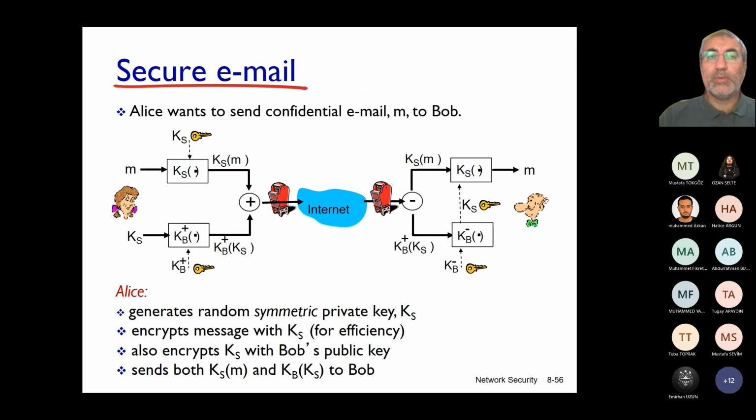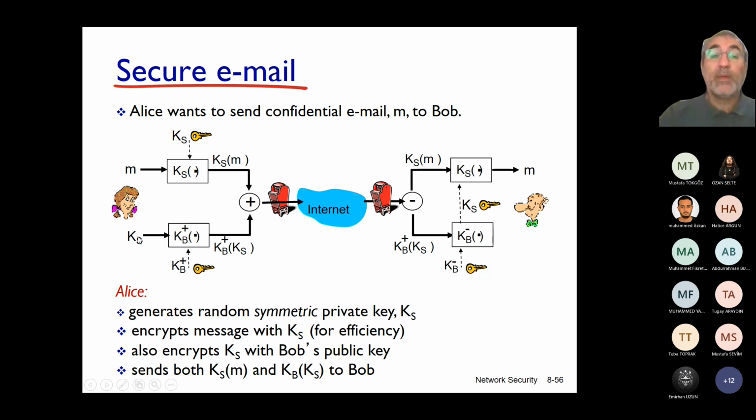So let's talk about secure email transmission. In this case, the main objective is that Alice wants to send a confidential email which contains the message M to Bob. So let's look at the steps. On Alice's side, Alice is going to generate a random symmetric private key, which is KS.